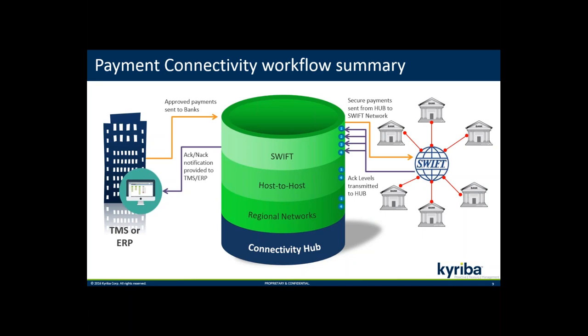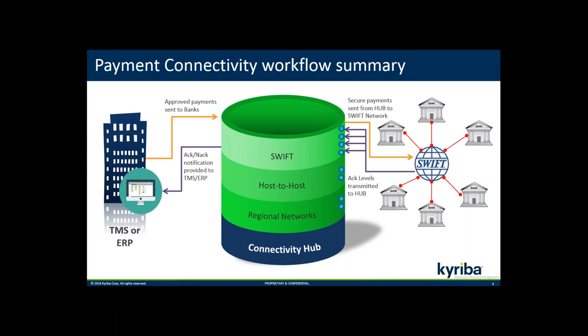Might find that there's scenarios that deserve host-to-host or utilizing regional networks, depending on your profile of banks and payments and accounts and all those sorts of variables that we've talked about in prior webinars. Then you're remitting those payments securely from whatever connectivity hub or solution you're using to, say, Swift as an example, but Swift is not the only way, and there may be other ways that you're doing it as well. However you're reaching the bank, the key thing is that you're also getting acknowledgments in return. We're going to talk about that aspect of the workflow.